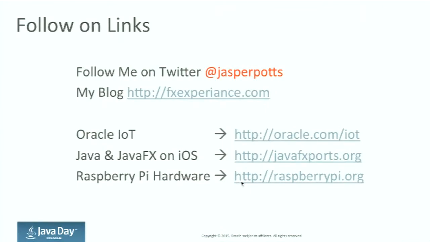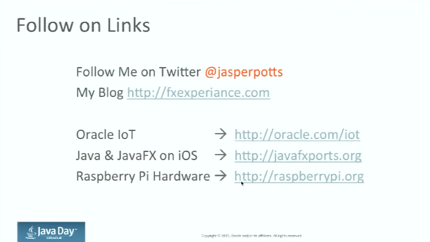So the final thing I have for you is where you can find out more information on all these pieces. That's me at the top if you want to follow me on Twitter. I can't guarantee there'll be anything interesting. That's the blog that I have with a couple of colleagues on JavaFX, where we post lots of interesting stuff and news updates on everything in the JavaFX world.